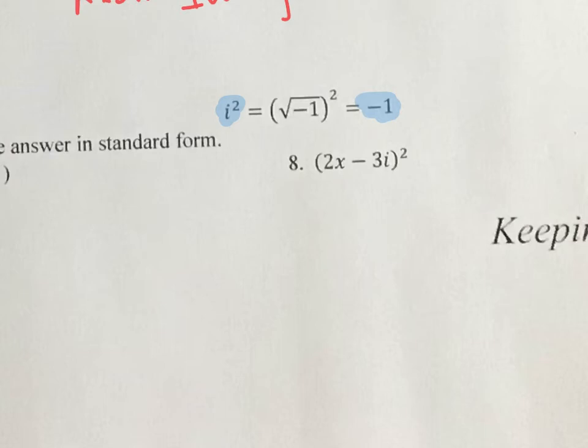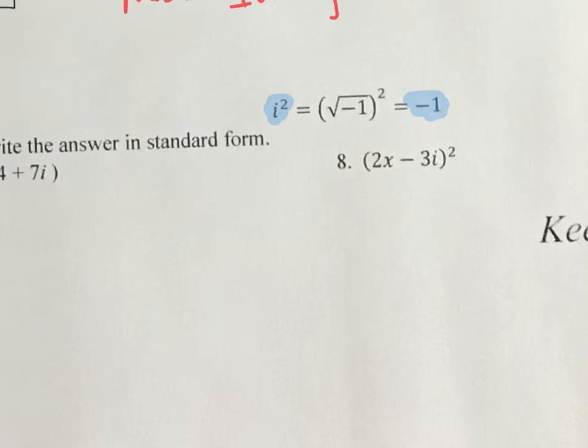Now, just to put this in the back of your mind, if you had i to the 4th power, that's just like saying i squared times i squared, which could be thought of as negative 1 times negative 1, and of course would equal positive 1. So the idea is, as long as you break it up into its i squareds, you can figure out what the value is going to equal. That's just something I wanted to show, so that if you encounter that one day, you'd know how to handle it.